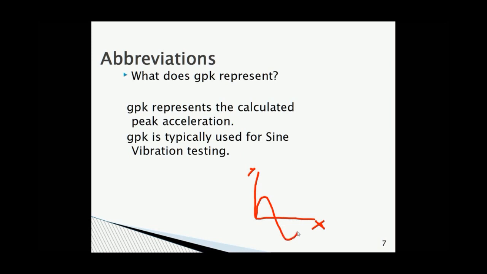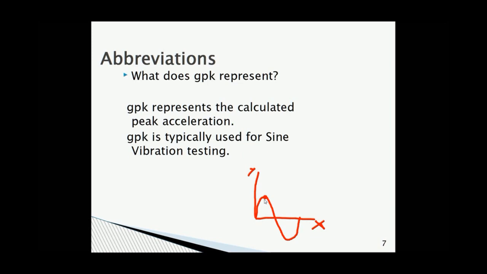Now, the definition of peak is the peak or maximum positive value of a given data set. In this case, graphically, it's going to be the positive peak of your waveform. And it is calculated from the peak of your waveform to the horizontal axis.